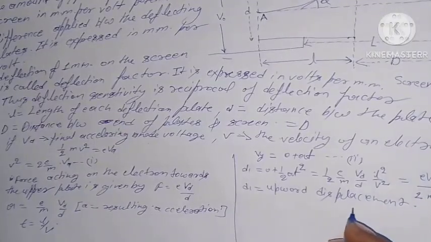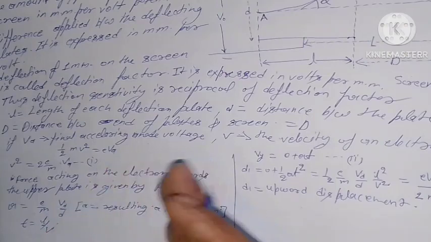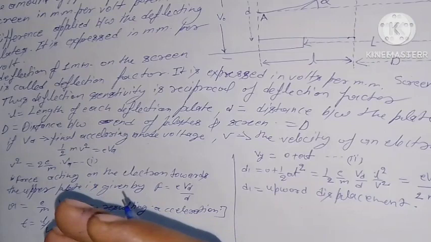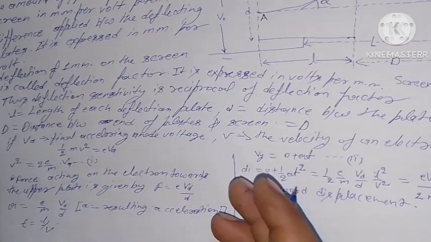Upward displacement. After emerging from the plates, the electron beam moves in a straight line path, making an angle alpha with the original direction and meets the screen at y2.